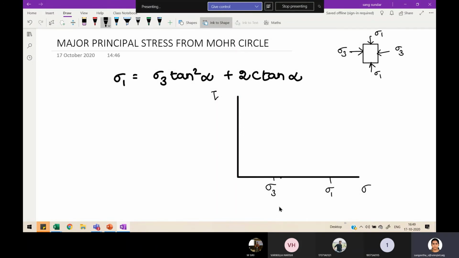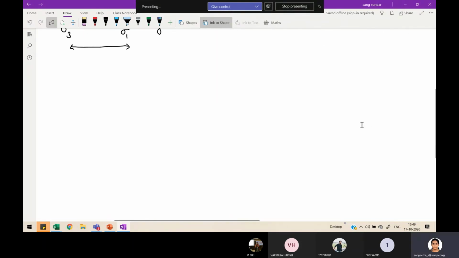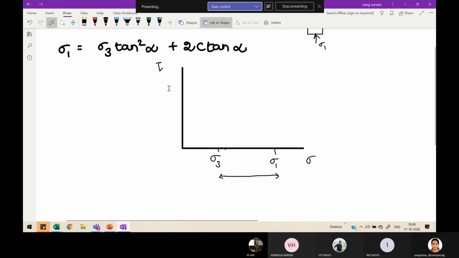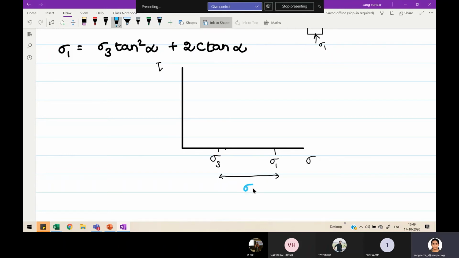If you wish to draw a circle between these two principal stresses, let's measure the diameter. How much will be the diameter? Can anyone tell me how much this distance is? Sigma 1 minus sigma 3, right?